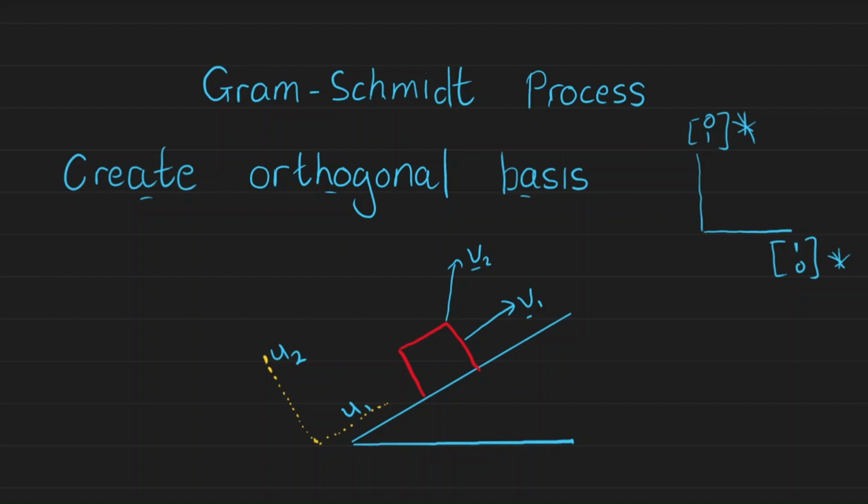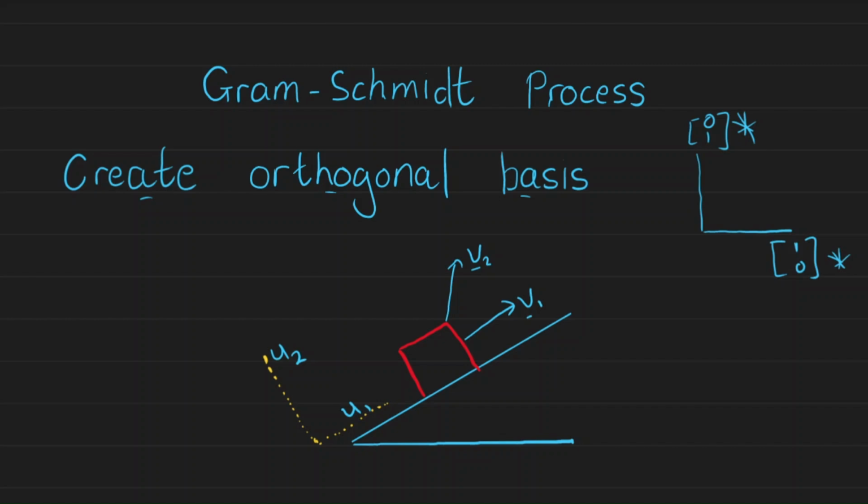So how do we create u1 and u2? When we say that, we're asking what are the components of u1 and u2 relative to our traditional xy plane. So for u2, what are the x and y values of u2, and also the x and y values of u1? The procedure that we follow to determine u1 and u2 is this Gram-Schmidt process. It's a stepwise procedure, and it's as follows.